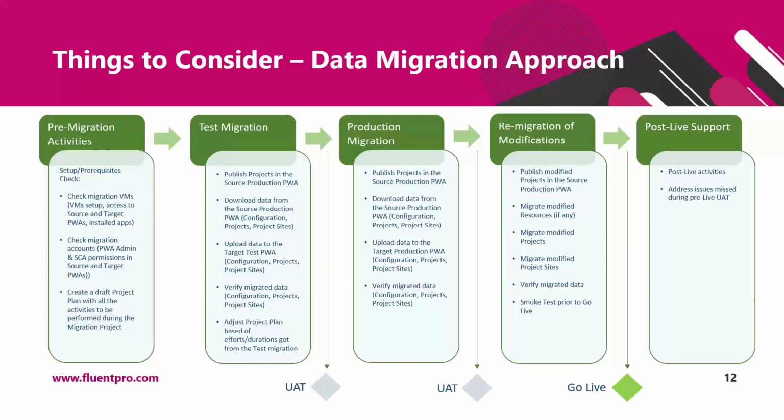Main one, when you migrate the whole volume of the data, and a smaller one when you remigrate the modifications that were introduced in the source environment while the main production migration was in progress. Duration of the delta migration phase depends on the number of projects and project sites that were modified while initial production migration was in progress.